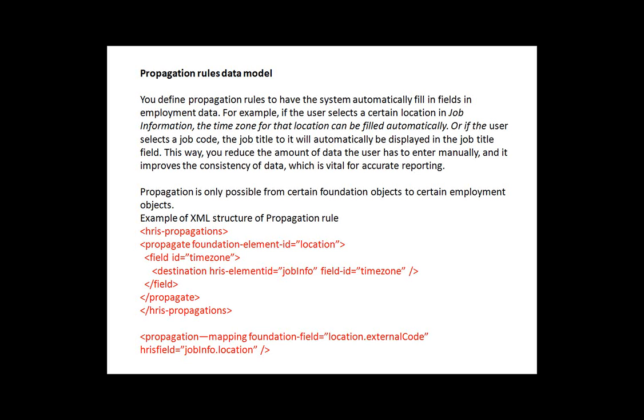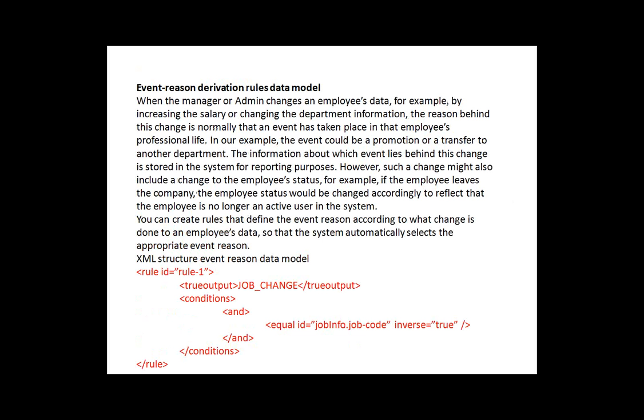Okay. The next data model is event reason derivation rule data model. So basically, events are nothing but the actions or the changes happening in the employee data, such as promotion or department change, etc. There are about 25 predefined events that are captured by SuccessFactors, and they sit in a pick list.